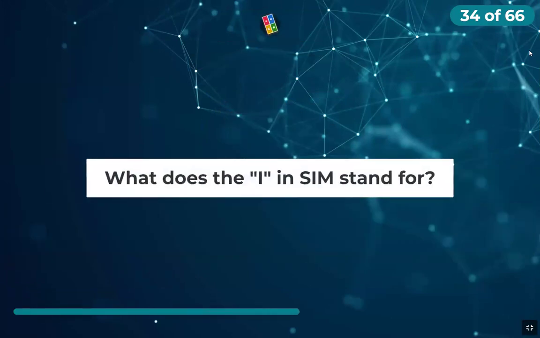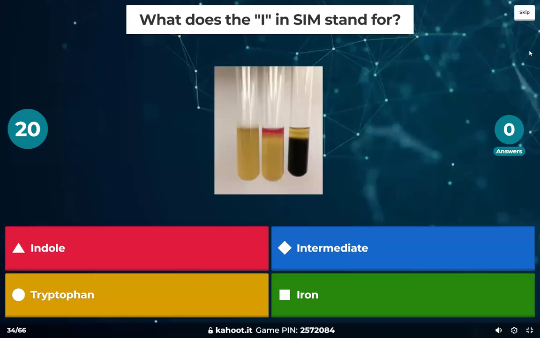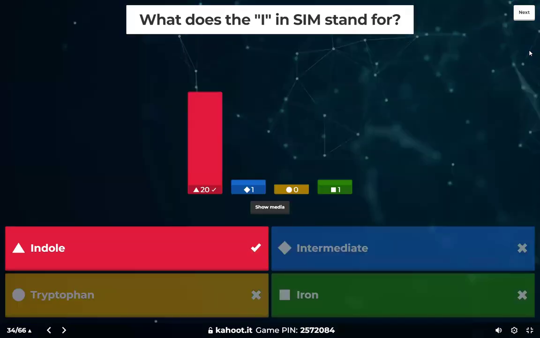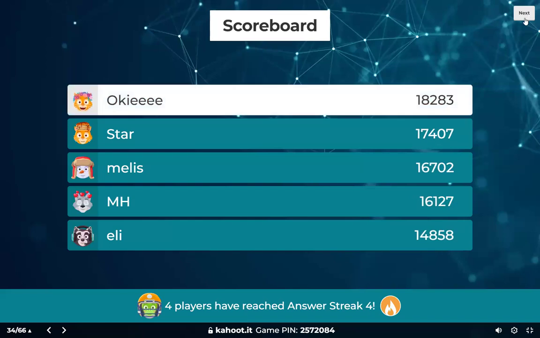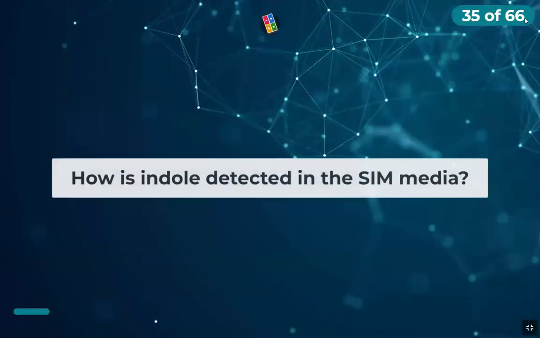What does the I stand for in SIM? All right, so the I stands for indole. It's a product of breaking down tryptophan. If your organism can break down tryptophan, then it will produce indole.